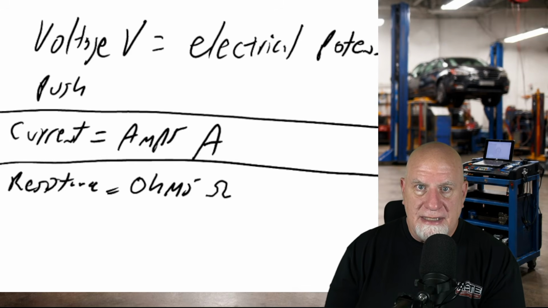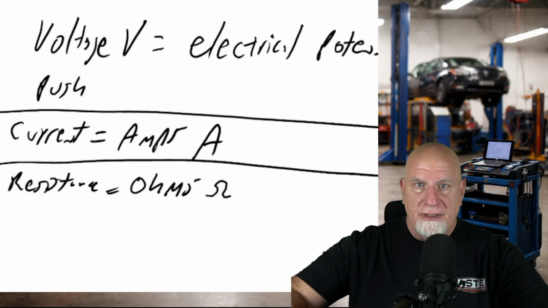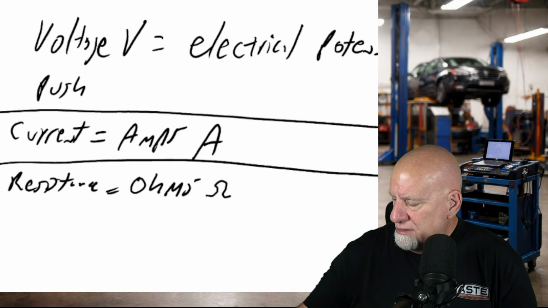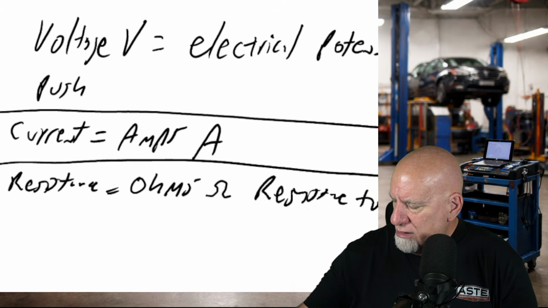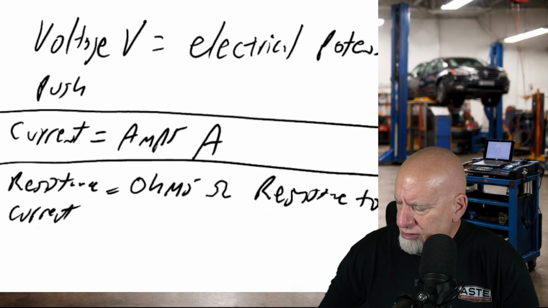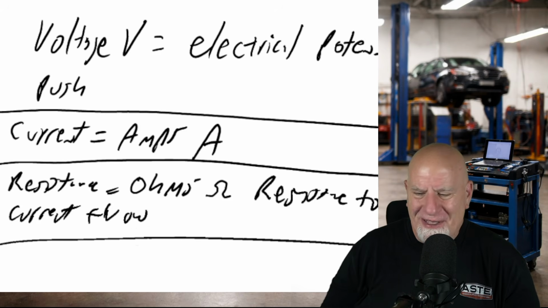That is the resistance to us pushing. So that is the resistance to current flow, a resistor or ohms. Excuse my horrible handwriting. That's why I'm speaking it as well.